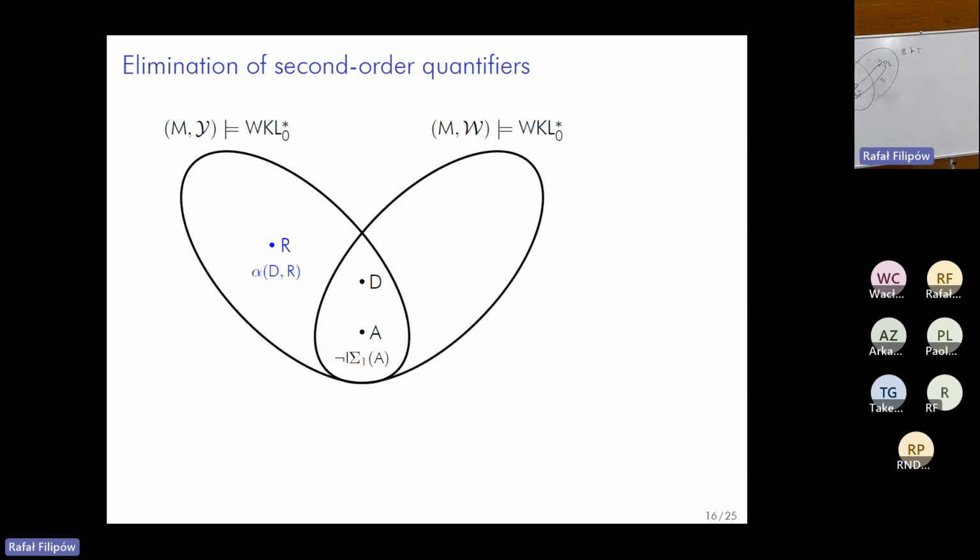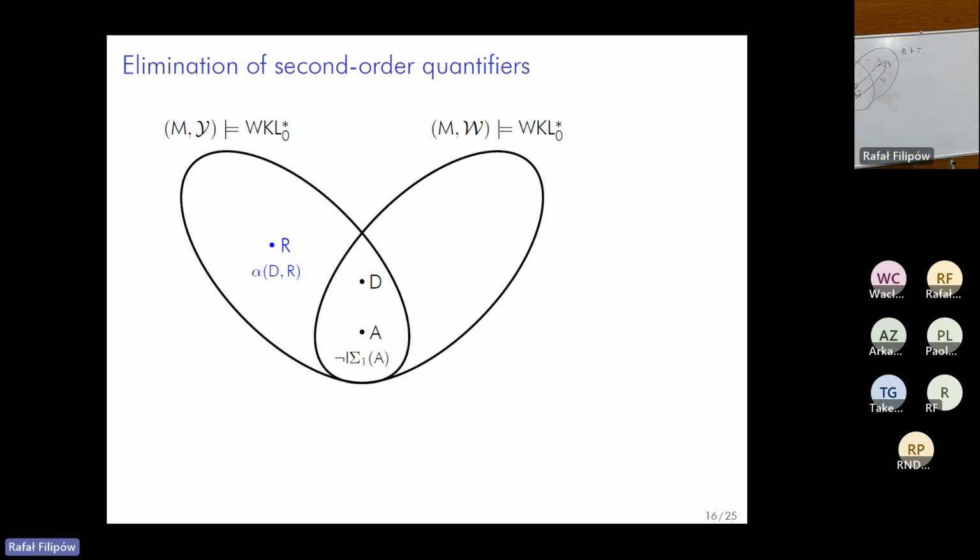So what does the isomorphism theorem tell you? Well, it tells you that if you've got two models of weak König's lemma, let's say that they share the first order part, which is not quite exactly the same as sharing a common substructure, but it's close enough for, say, provability purposes. There is some element of the common part of the second order structures, and in this common part there already lies this set relative to which induction fails.